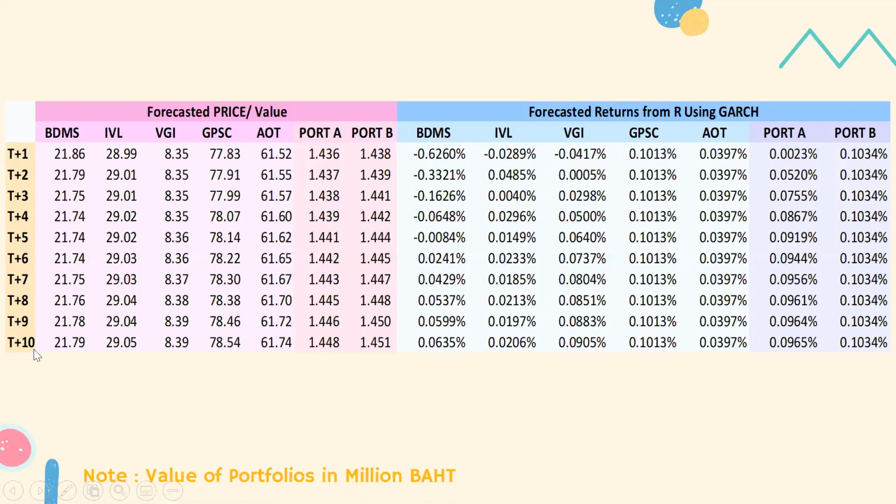For the next 10 days, BDMS starts the price at 21.86 and then it goes down to 21.74 in the next 6 days, and after that it goes up to 21.79 in the next 10 days.